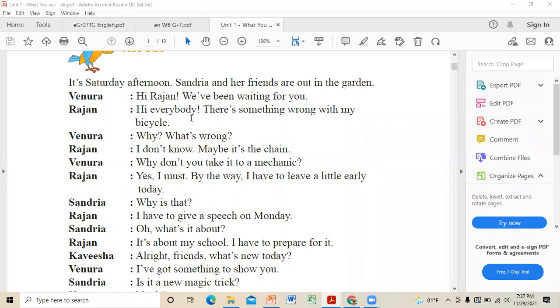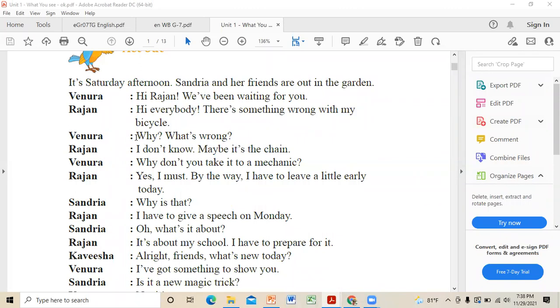Hi, everybody. There's something wrong with my bicycle. So did you notice in this Rajan is telling that there is something wrong. So he's worried about his bicycle. So we will have to have that feeling when we are reading that part, right?